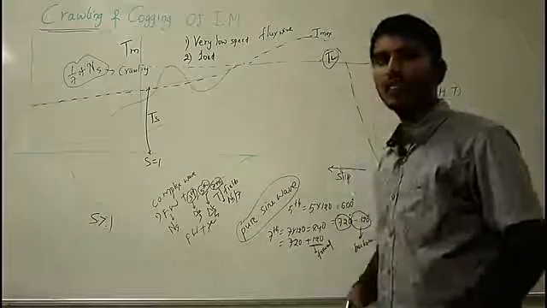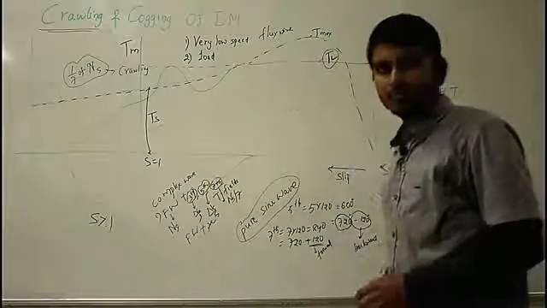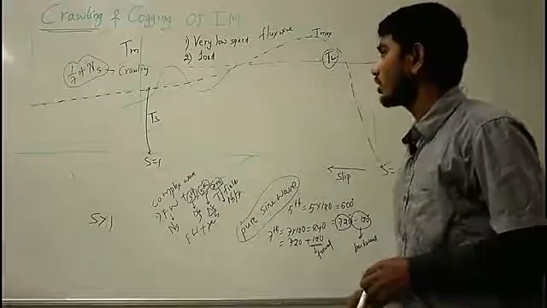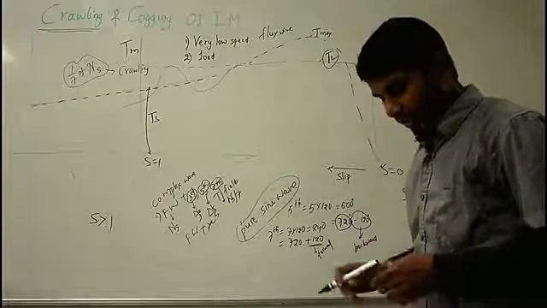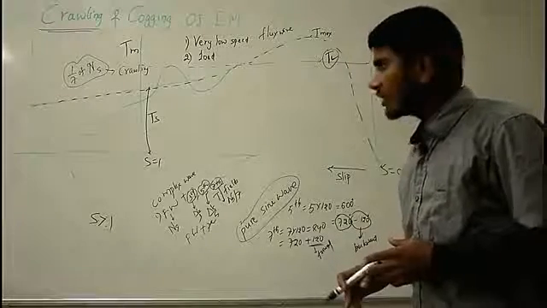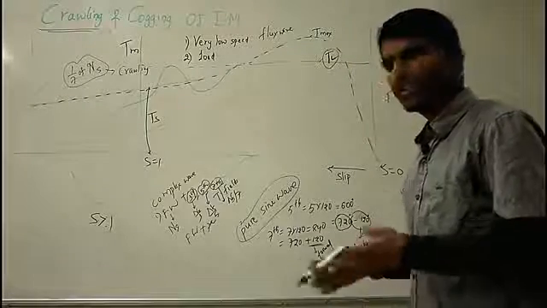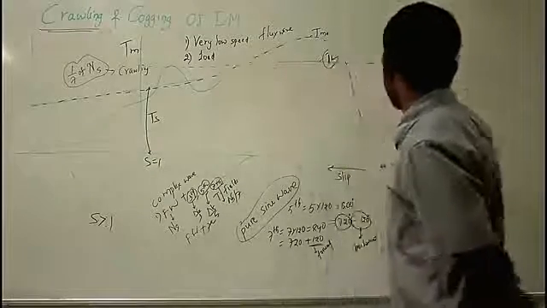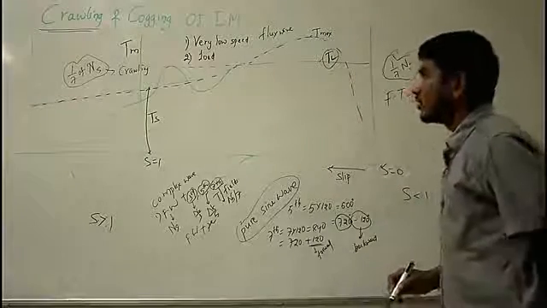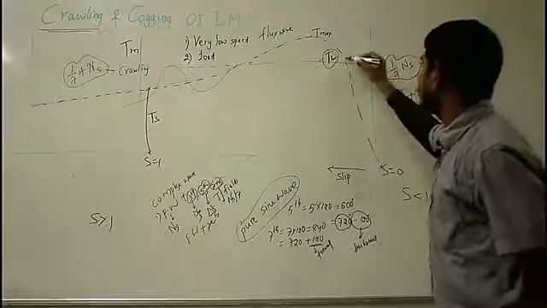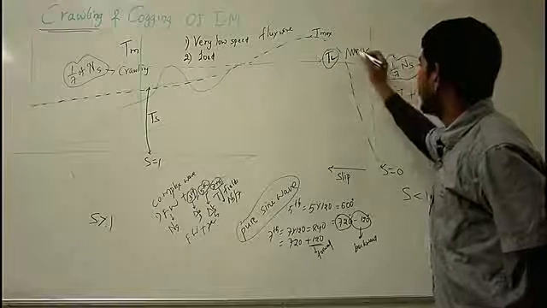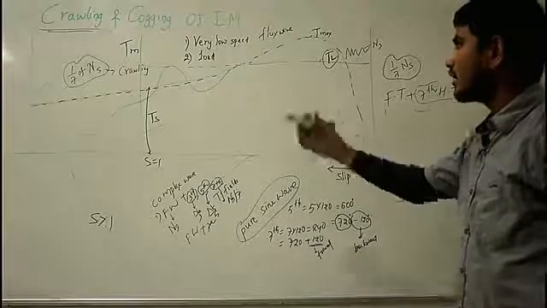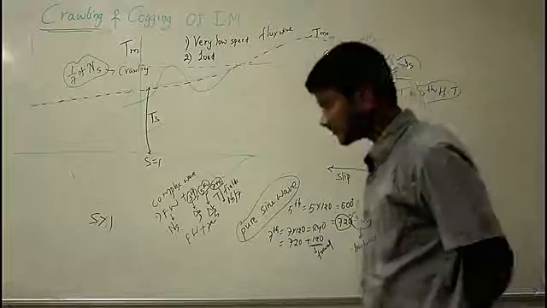In this case, the motor will never reach its normal speed. If you accelerate the motor, it always rotates at a very low speed, that is 1/7 of the synchronous speed. This is the phenomenon of crawling: the motor crawls like this, but it never reaches the synchronous speed. This phenomenon is known as the crawling characteristics of your induction motor.